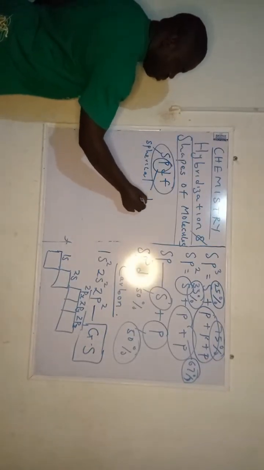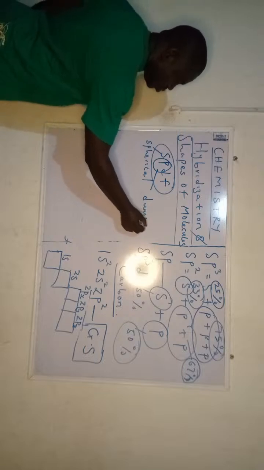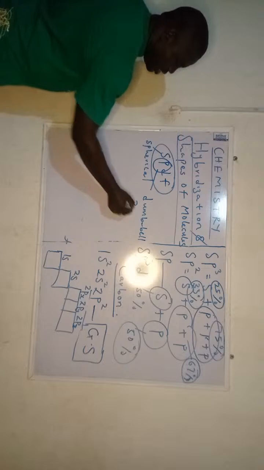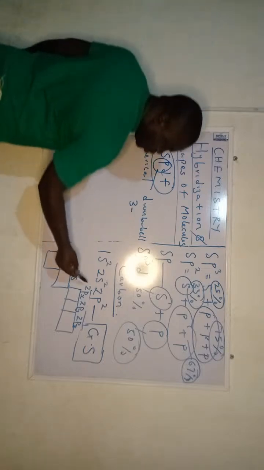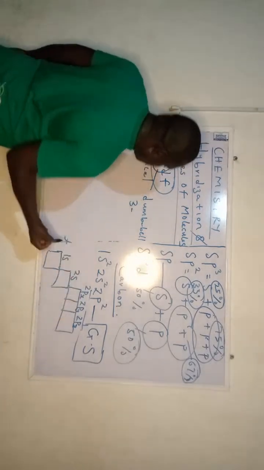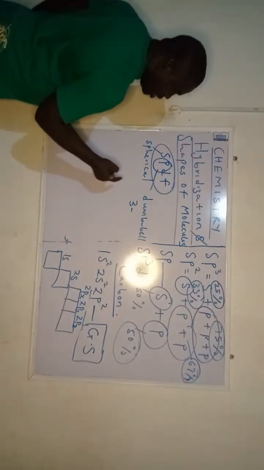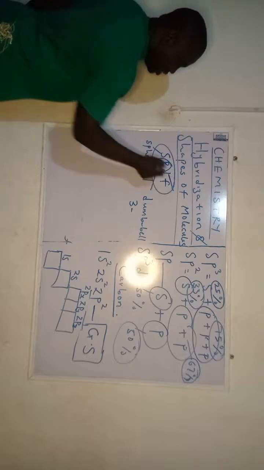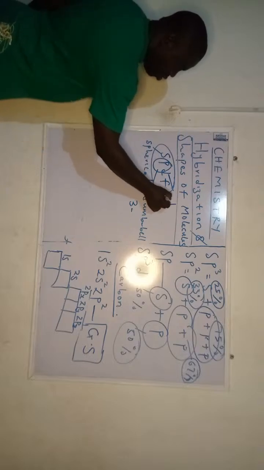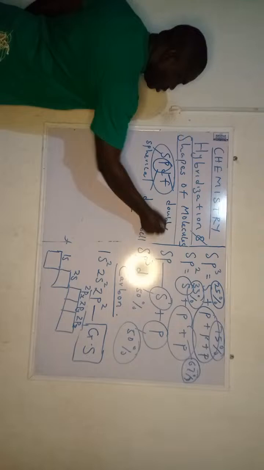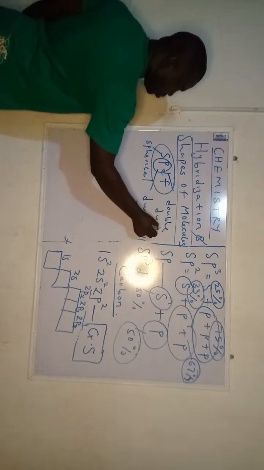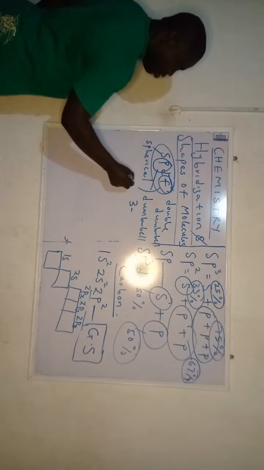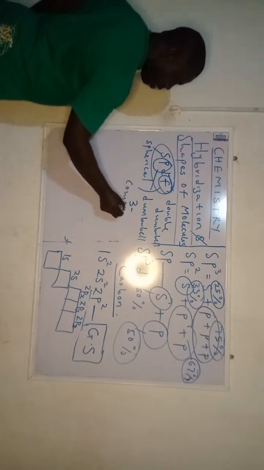P is dumbbell, and it has three degenerate orbitals: 2px, 2py, 2pz. I'm going to draw it. And then d has five degenerate orbitals, and it is called double dumbbell. And f is called complex.